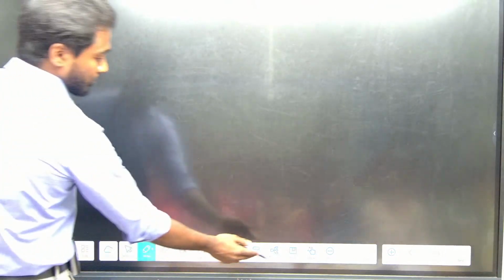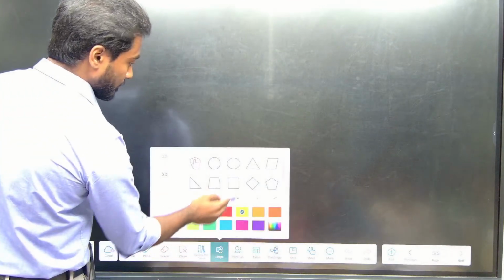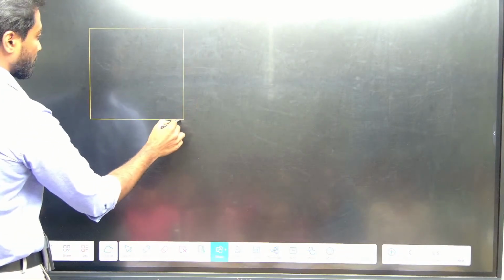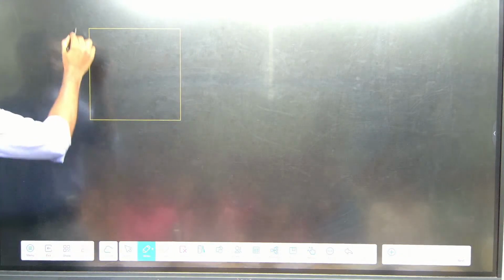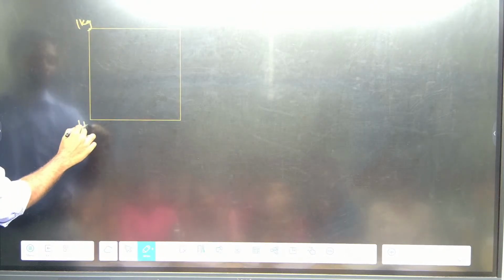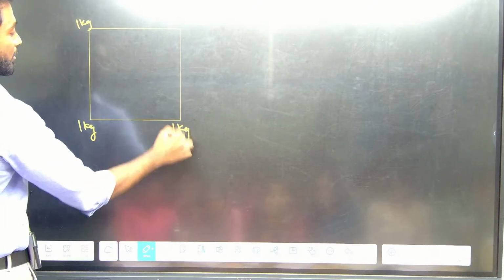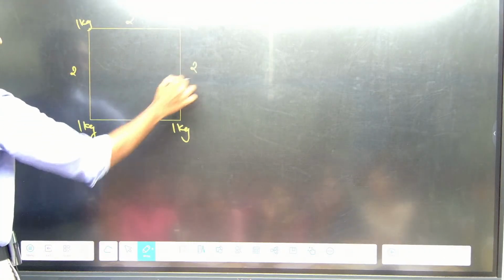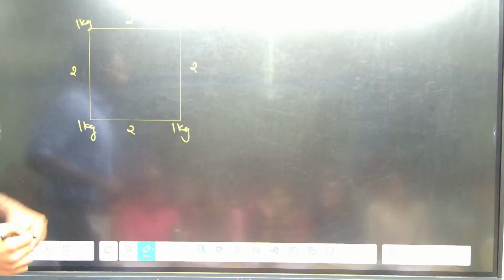Listen here. So 1 kg, 1 kg, 1 kg, and here 1 kg. The side of the square is 2, they have given.